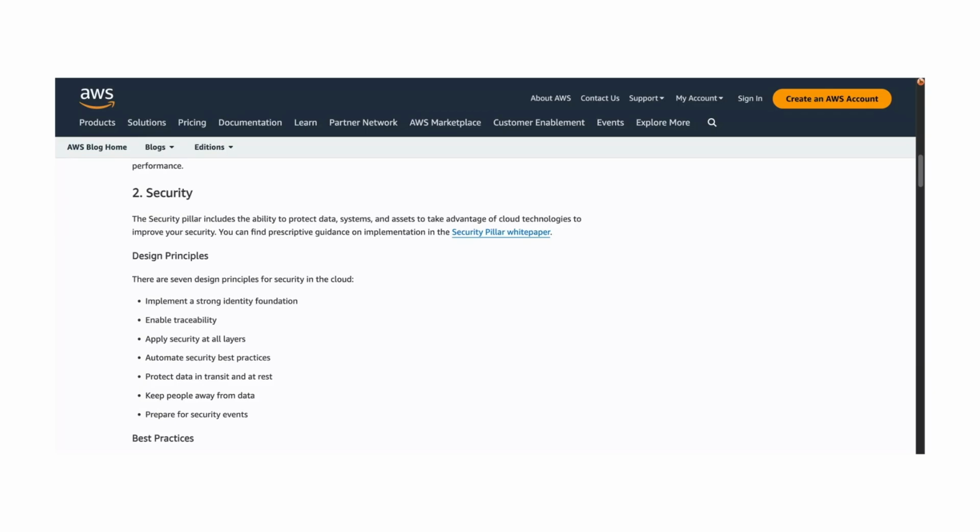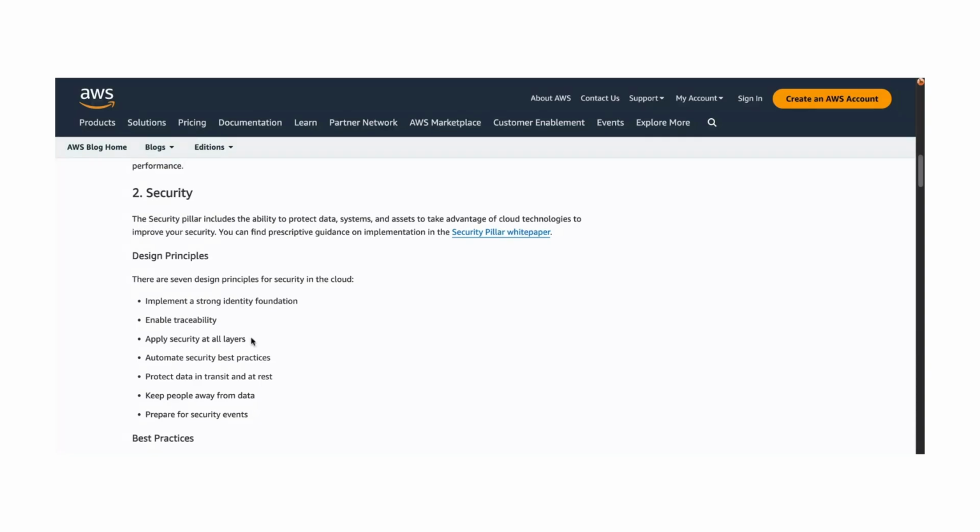Here we should remember to use AWS Identity and Access Management, IAM, to control access with policies, roles, and multi-factor authentication. Then enable traceability. We should leverage, again, AWS CloudTrail to monitor and log all account activity, which should provide traceability for actions taken in the AWS environment.